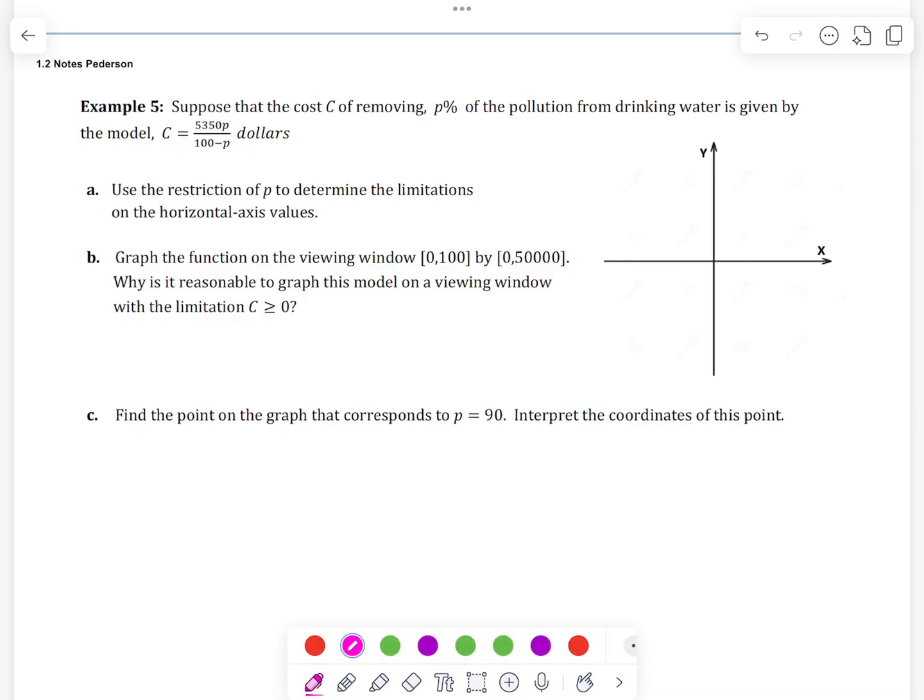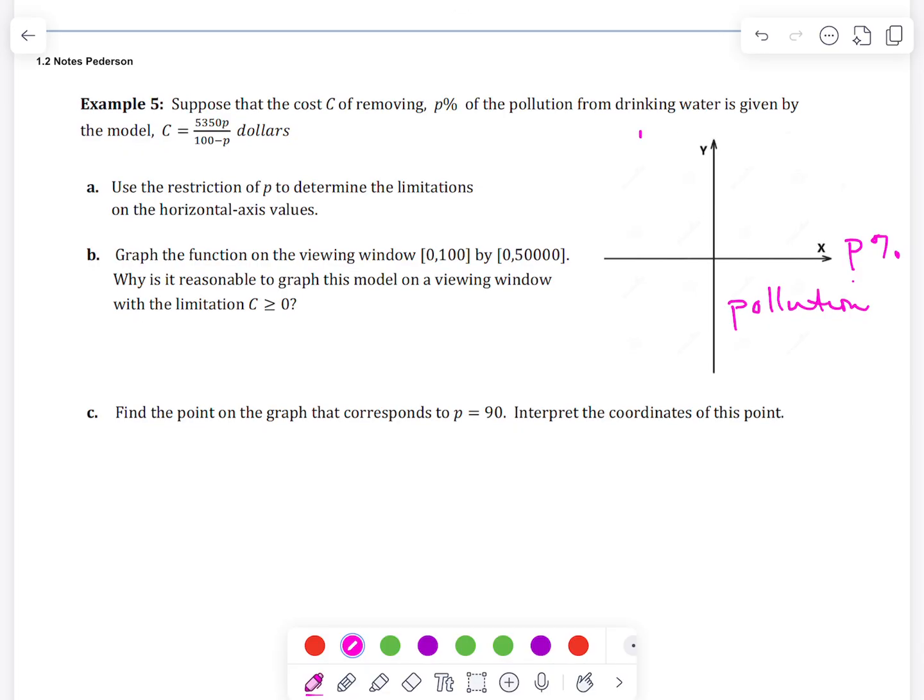So the x-axis is going to represent the P, or the pollution percentage. The y-axis is going to represent the cost in dollars for that removal.